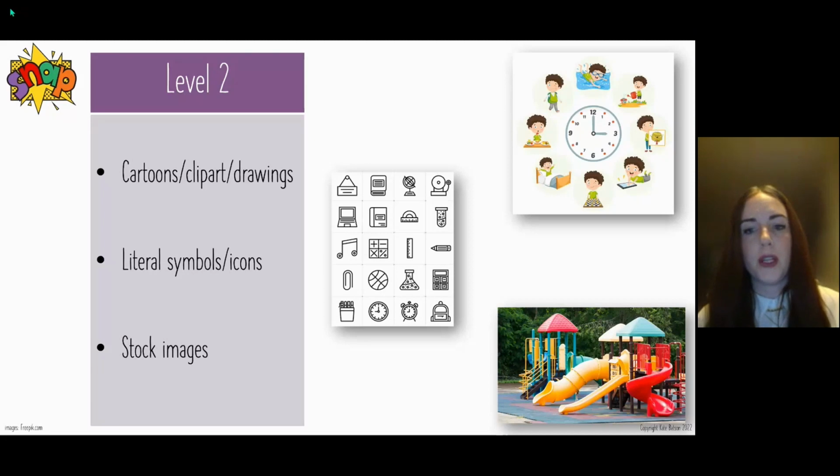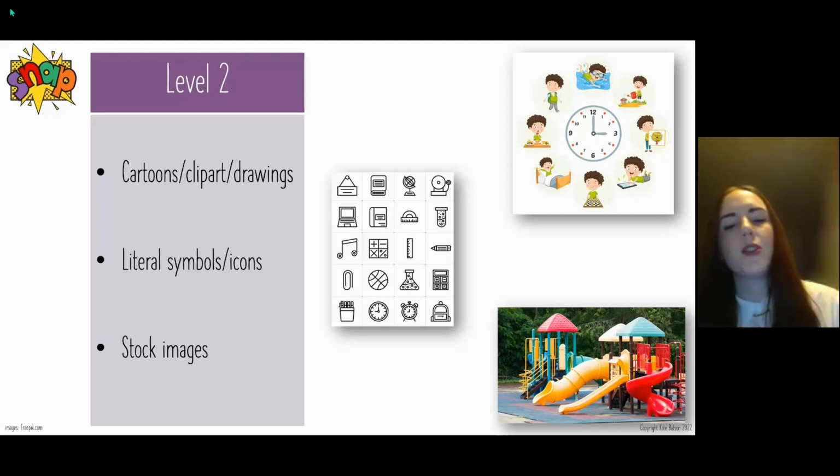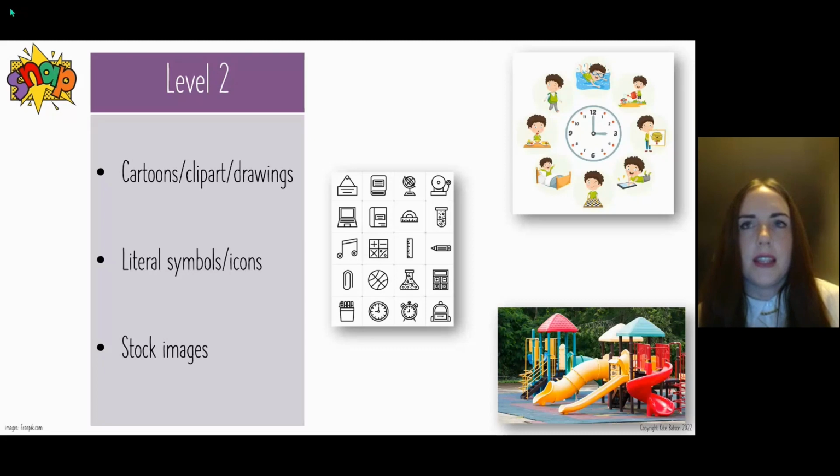Or we might use a stock image. We might go onto a search engine's image function and find some stock images of different places or different activities. Now, these are really great and can help lots of children and work for lots of children. But there still is that element where we look at these visuals and go, they don't represent the real thing. If we think about our little timetable there, that cartoon boy is not the child themselves.